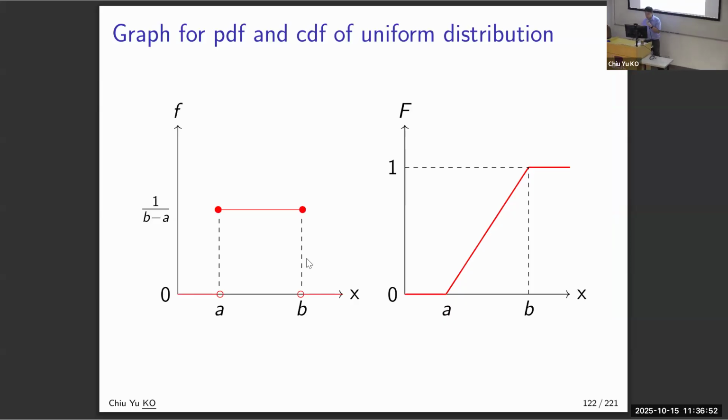If you ask what's the probability between A and A plus 1, you get this area, the probability that the random variable lies between A and A plus 1. Because of this rectangle, the area is base times height. So that's why the big F is a triangle, a 45-degree line. I'm not going to tell you why, but that would be the idea. I hope I clarified that.